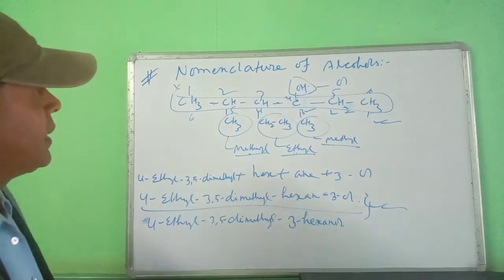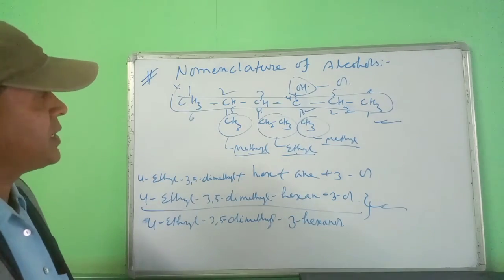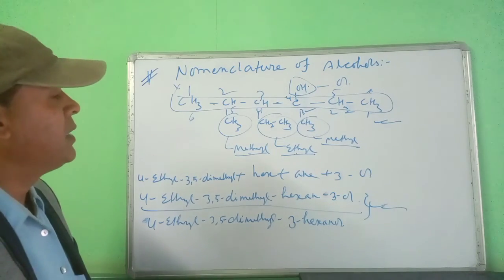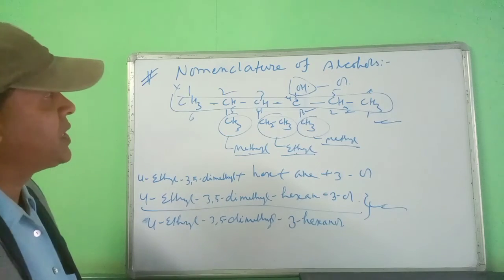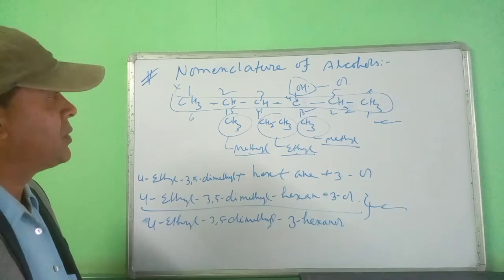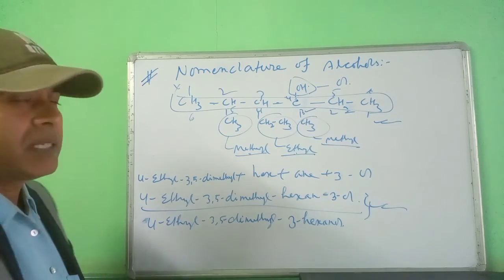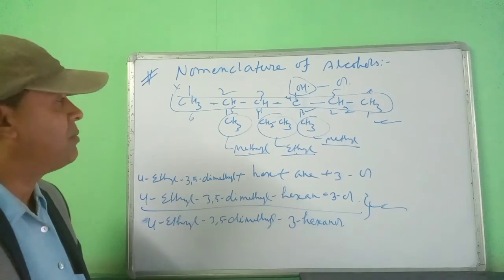Okay. Now, guys, in the next part I will discuss in detail the IUPAC names of alcohols with different examples. You need more practice if you want to write the IUPAC name of a given structure in the exam.